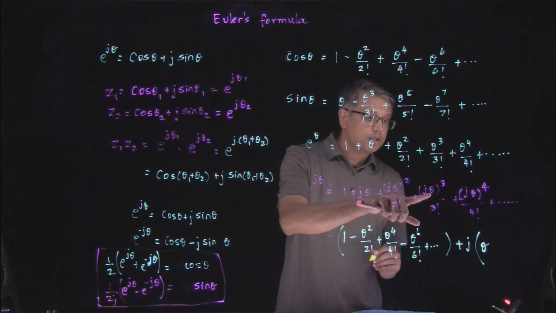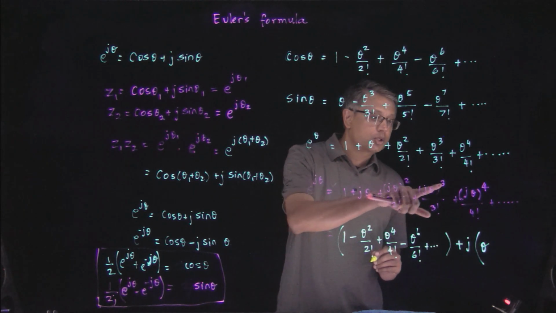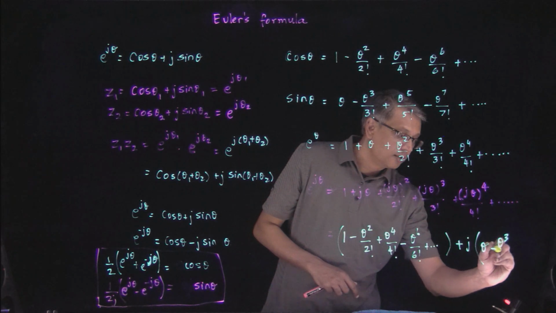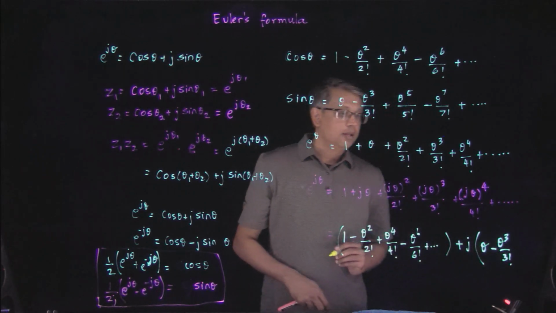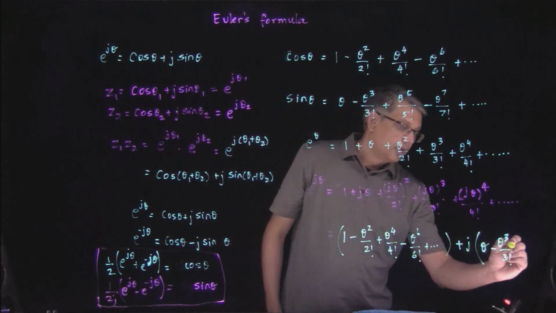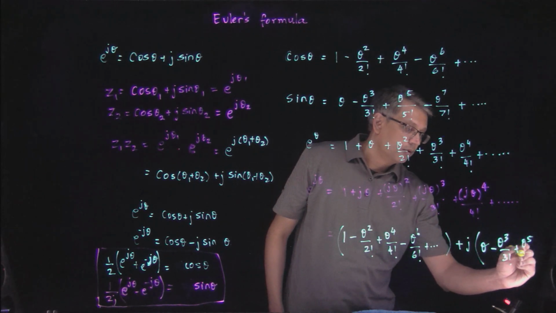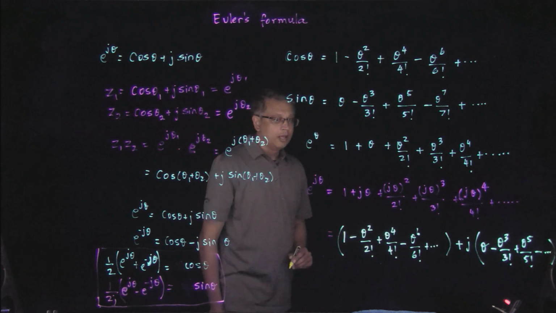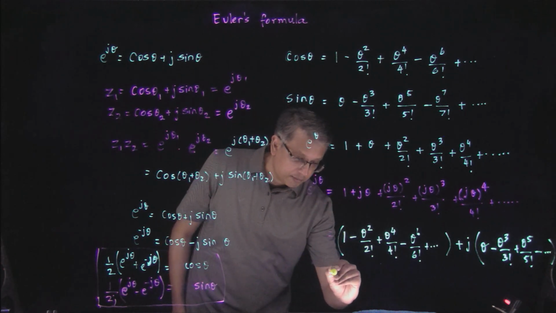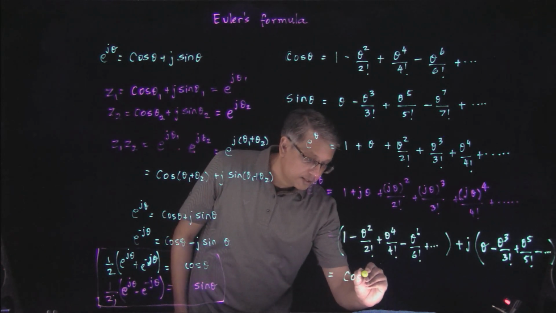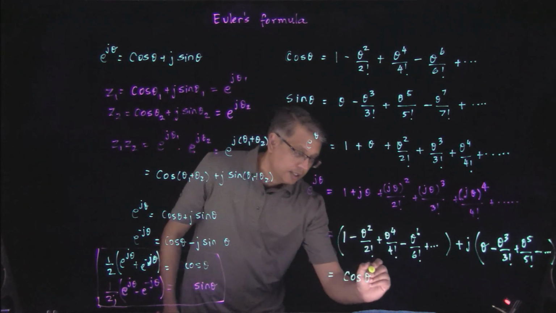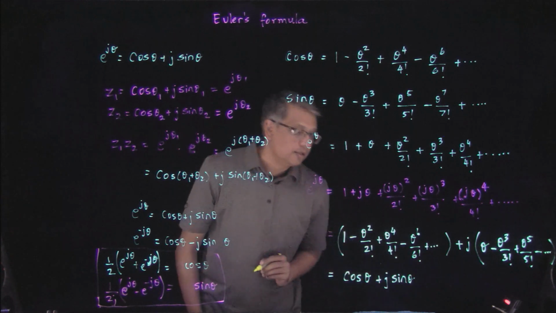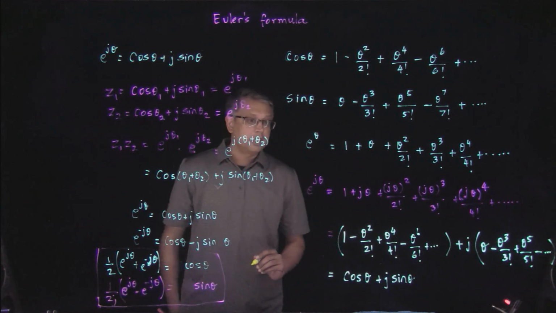Now notice this term is going to give you j times j squared times theta cube, and j squared is nothing but -1, so you get theta cube over 3 factorial, and you're going to get theta to the 5 over 5 factorial, and so on and so forth. And indeed, the first term is exactly the Taylor series expansion of cosine theta, and the second term is exactly the Taylor series expansion of sine theta.